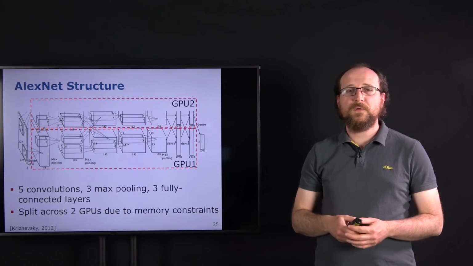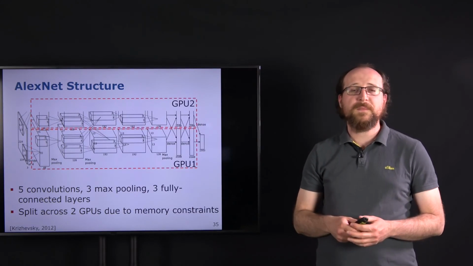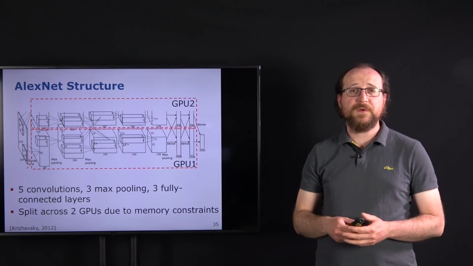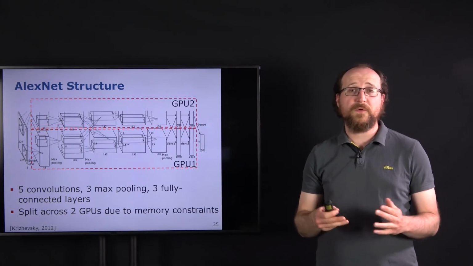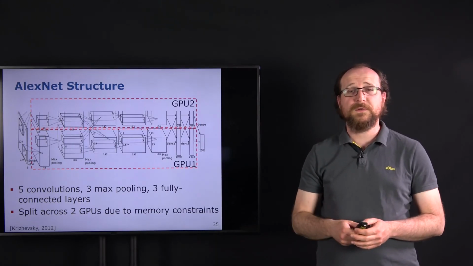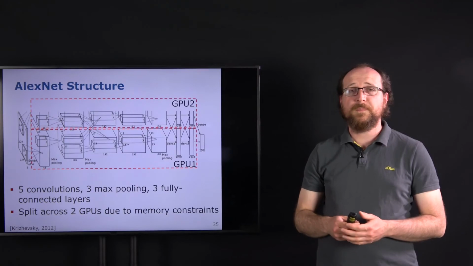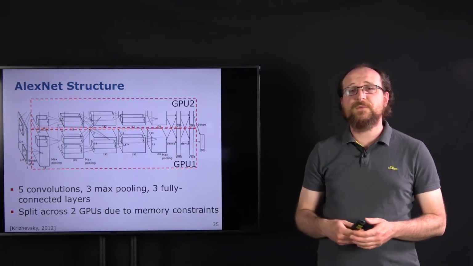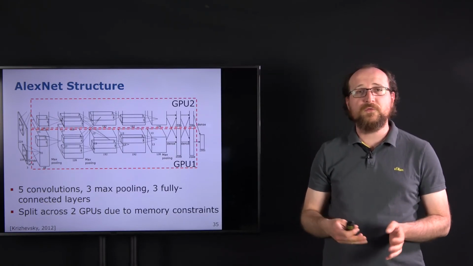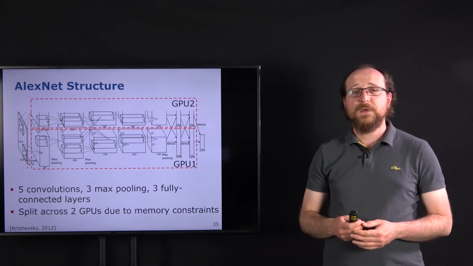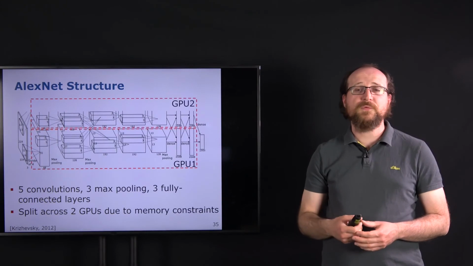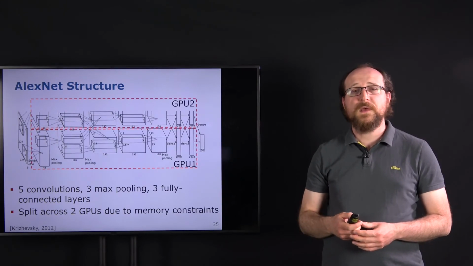So first to note is that because of the time and the size of the GPU memory, it was not possible to train the whole network on one single GPU, but the authors made great engineering work to make it work basically on two GPUs at the same time. So from the structure, it had 5 convolutions, 3 max pooling and 3 fully connected layers.